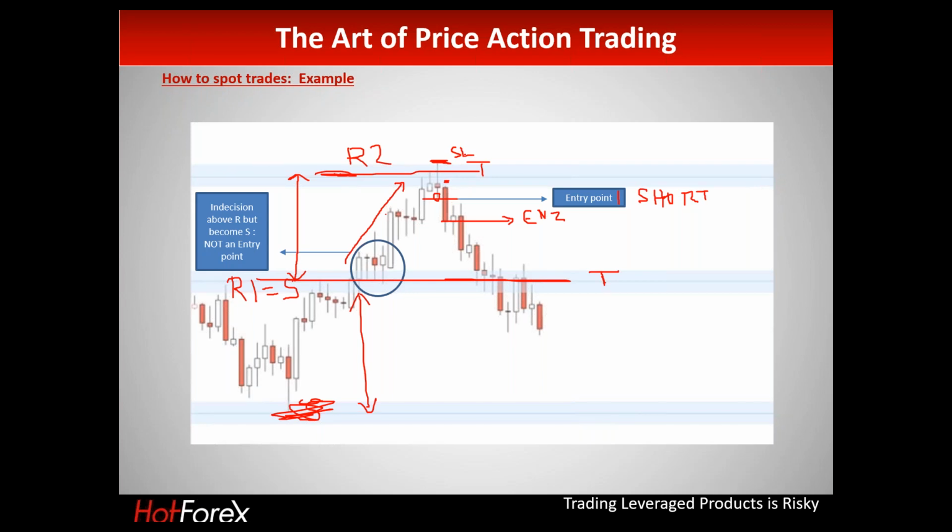By the way, you can have multiple targets: you can open a position with two targets. The first target will be that one, and the second target could be that one.